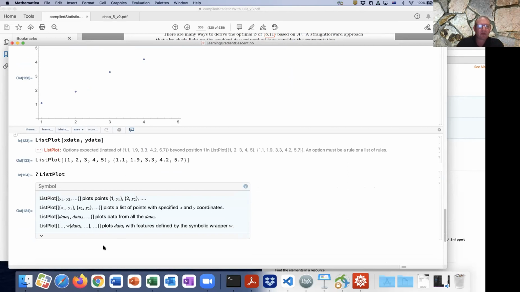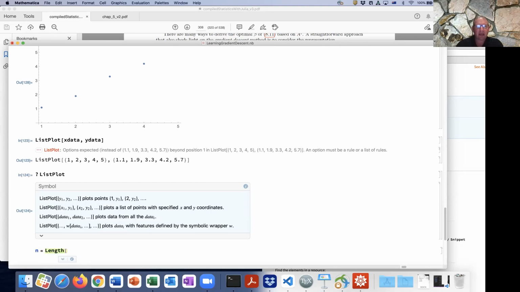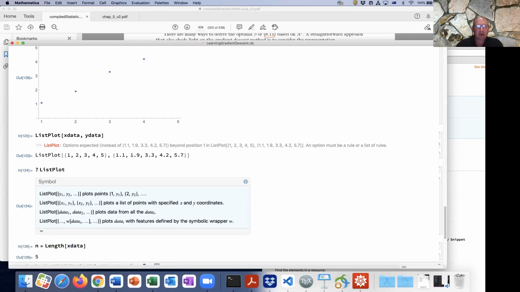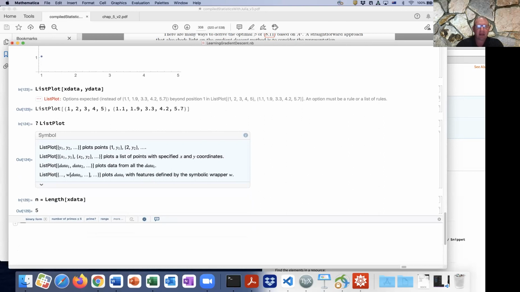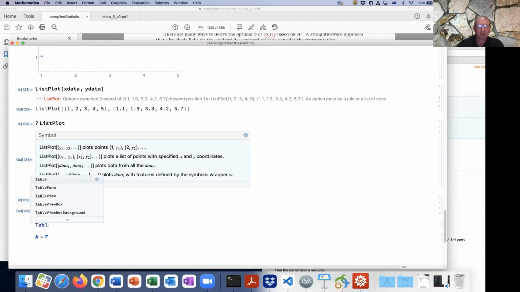Okay, so what we want to do is we want to have this matrix A. A is a design matrix. So the matrix A, and let's just say n is the length of the x data. The matrix A needs to be of the form. How do you make a ones in Mathematica? Is there a fill? No. There's range. Repeat.